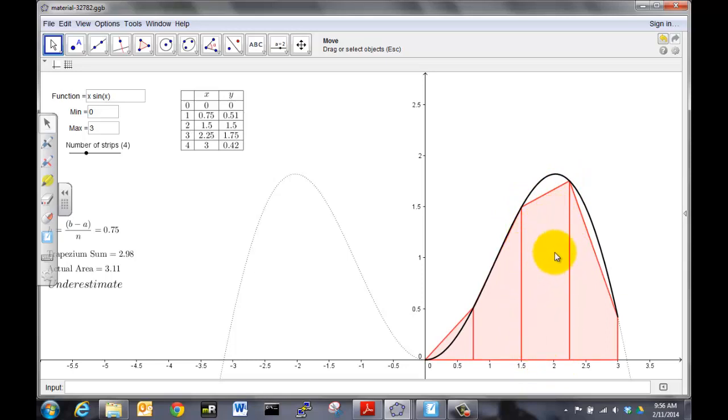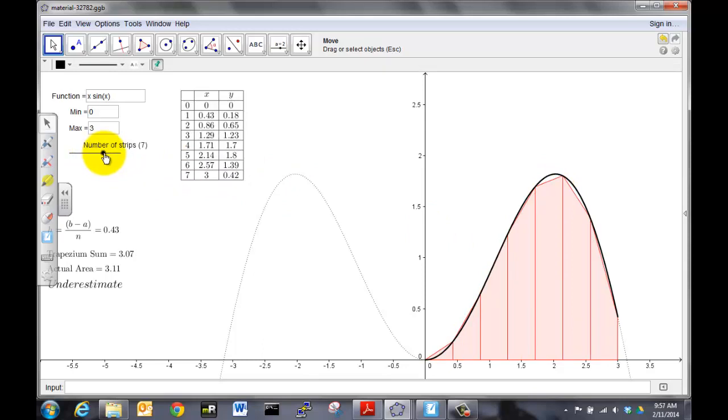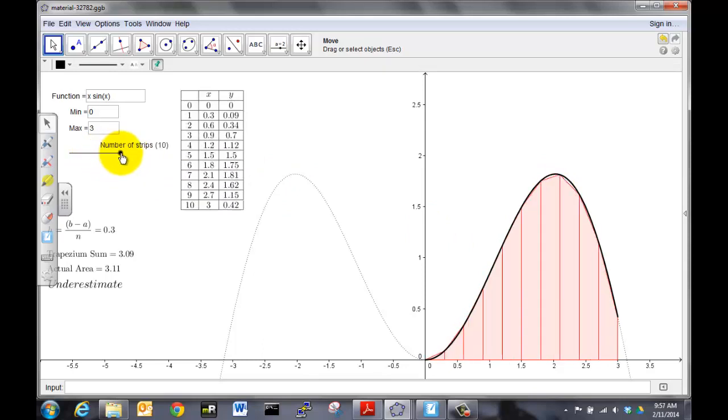Now, as you notice, there's still some areas that are not completely accounted for here, but it's a much less area than what we were having before. And as we put in more and more trapezoids, you notice when we get up to about 10 trapezoids here, we have very little area that is showing up in here as unaccounted for, and we also have very little area outside of the curve.